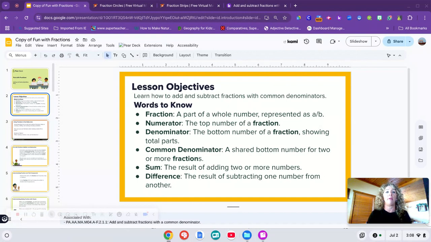The assistive devices that I'm using here, not only for those special ed students but for regular ed students, are the visuals of the fraction bars, fraction strips and fraction circles, so they have that visual. They can see why we add and subtract only the numerators, keeping the denominators the same.